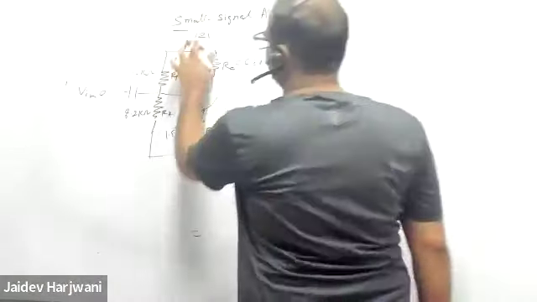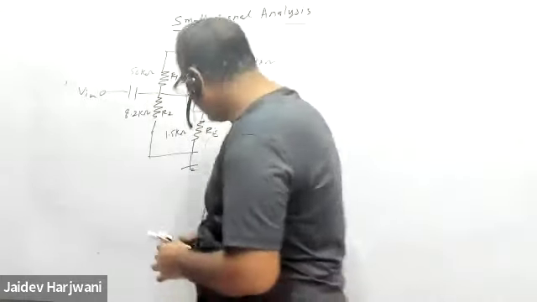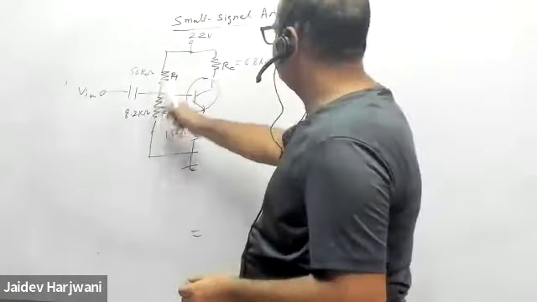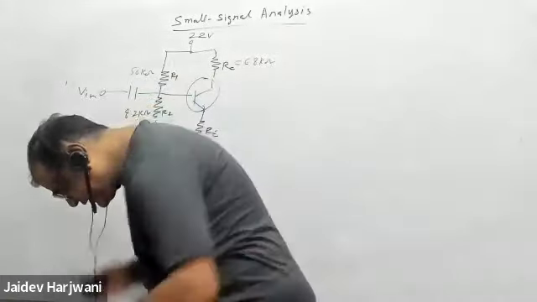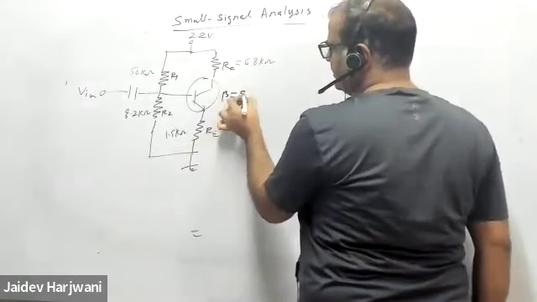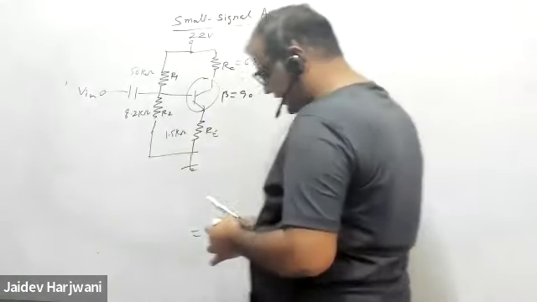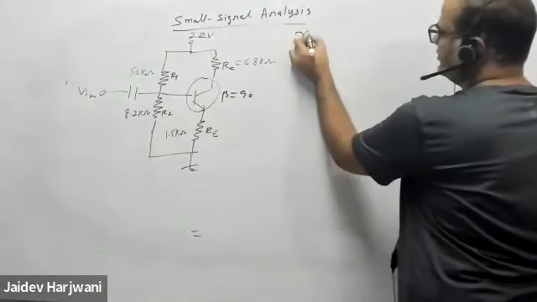And make VCC 22. Now solve this one. RE is 1.5 kilo. Everything is given. Only the beta value is needed, beta is 90. R naught is infinite, so you can remove it.